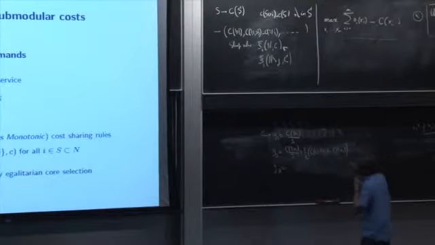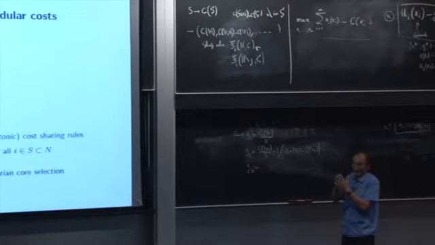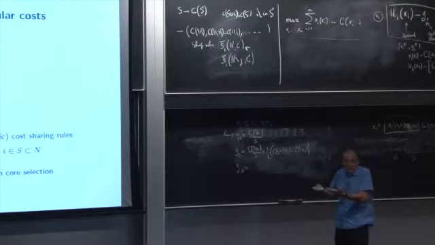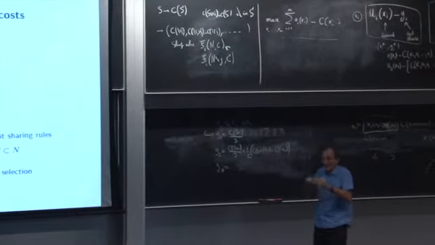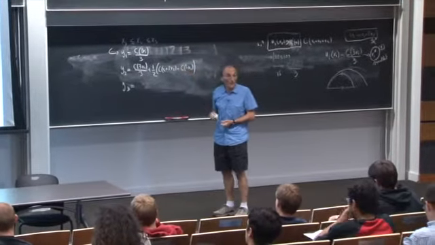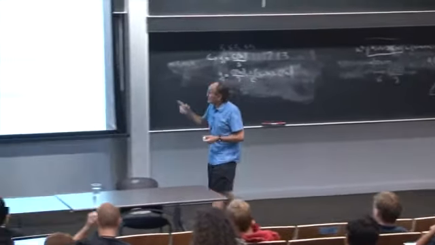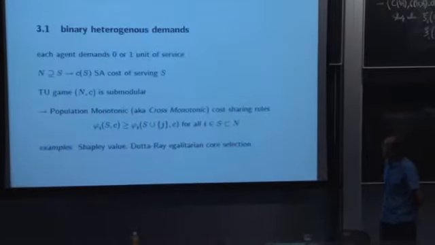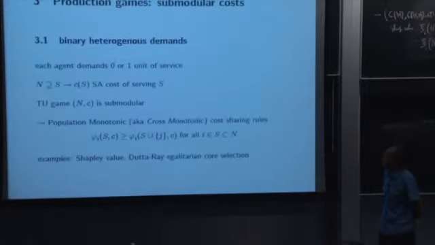In this theory, for instance, the characterization theorem with incremental methods applies also in the case where everybody demands at most 1 unit, where you have a single sequence 1 to n. So let's look first at the case where each agent demands 1 or 0 unit of service.